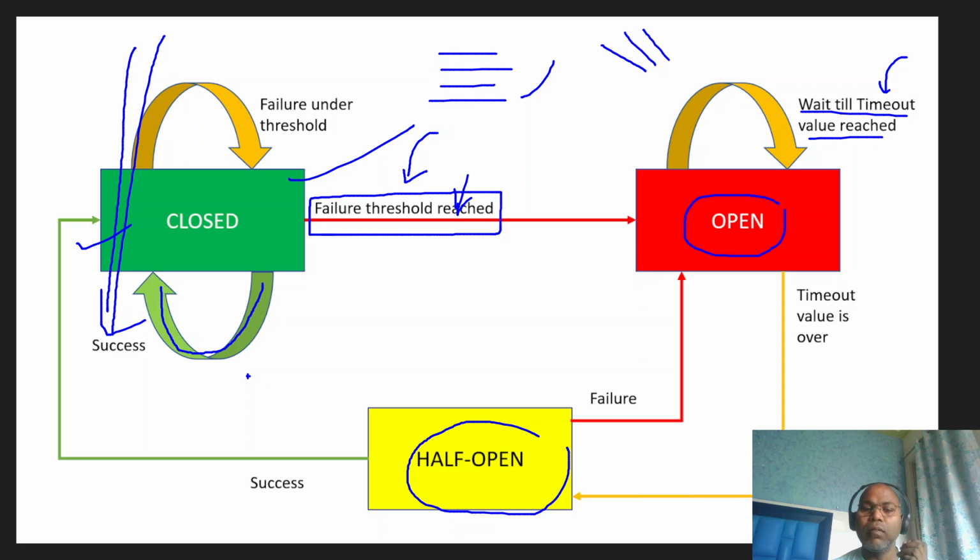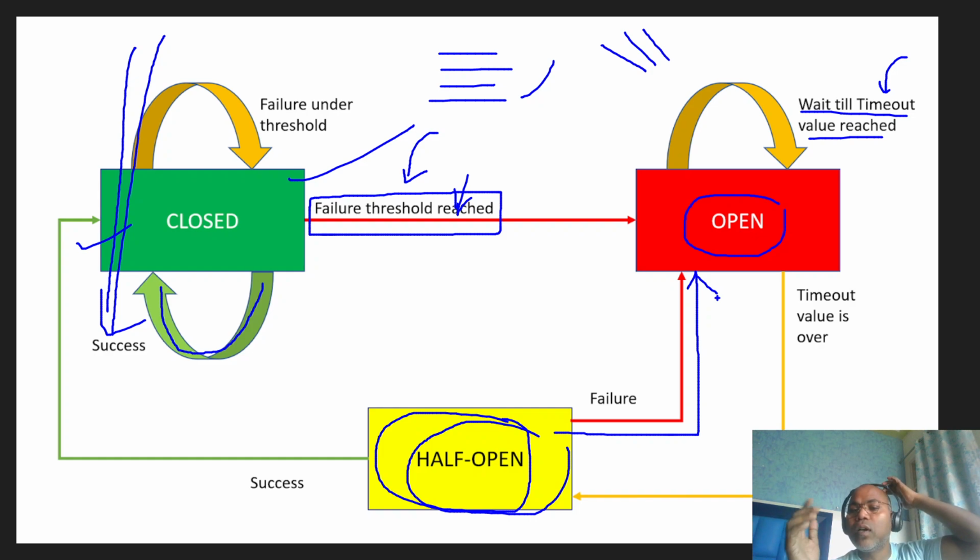But the half-open state might decide that the microservice is still not responding, and then it is a failure. That means the circuit stays open because our node is not healthy or prepared. So again, until the next timeout, the circuit stays open. An open circuit means the circuit breaker does not allow calls to pass through to the service.